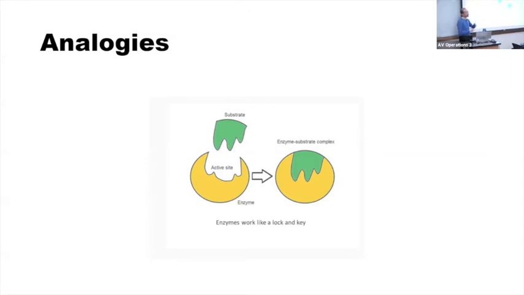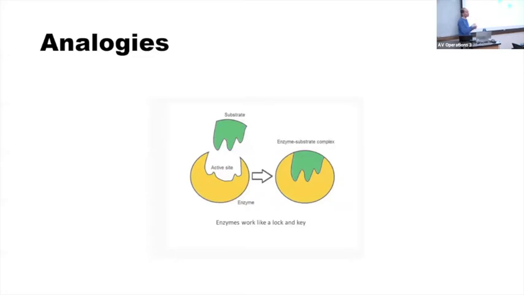A typical example is the enzyme. One of the mechanisms, the way it works, is that it's a lock and key. Okay, right. The reason this works is because of prior knowledge: what we already know about a topic can help us learn new things. And so this is why things like metaphors and analogies work.